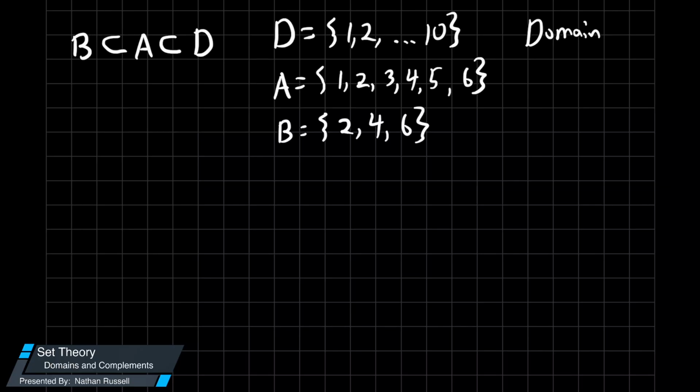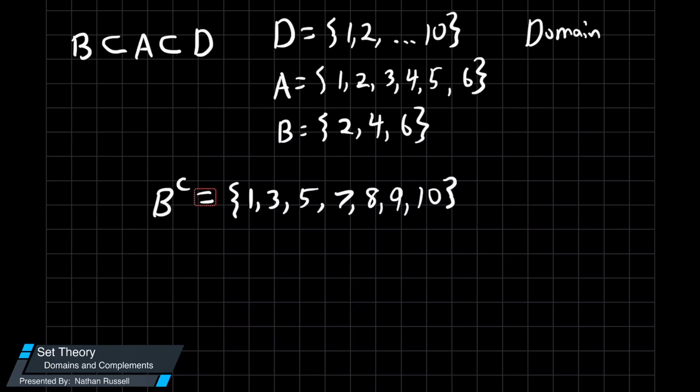The domain is still the domain for B. So when we say B complement, students might be tempted to say it's everything in A that's not in B, but that's not true. The complement is still with respect to the original domain. So B complement will be 1, not 2, but 3, not 4, but 5, not 6, and then 7, 8, 9, and 10. So keep that in mind.